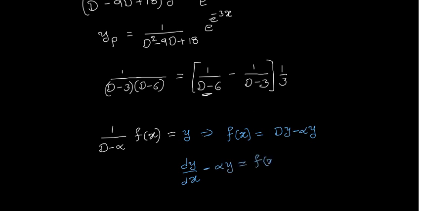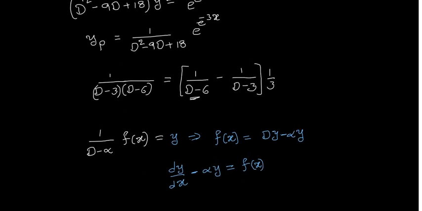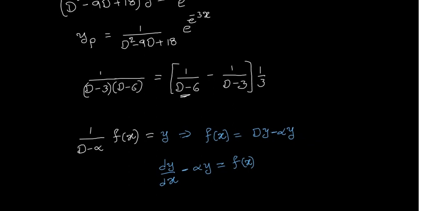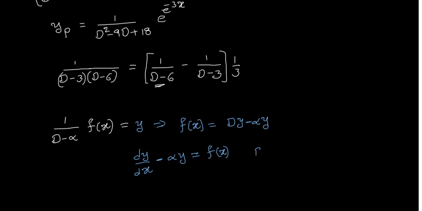So it is looking like a first order linear differential equation with constant coefficients. Now you can recognize what is p of x here. It is of this form, dy by dx plus p of x into y equal to q of x. So here p of x is equal to minus alpha, whereas q of x equal to f of x.